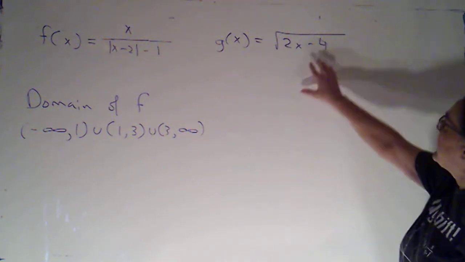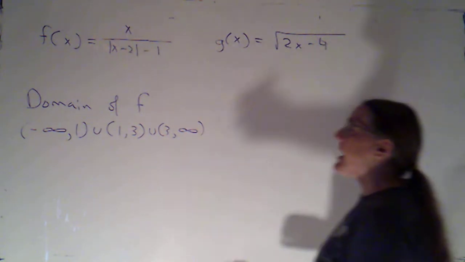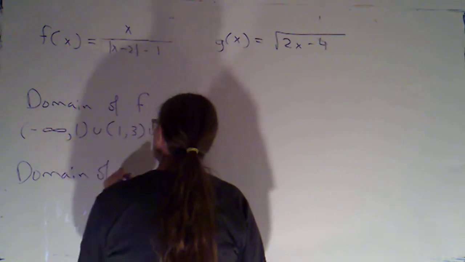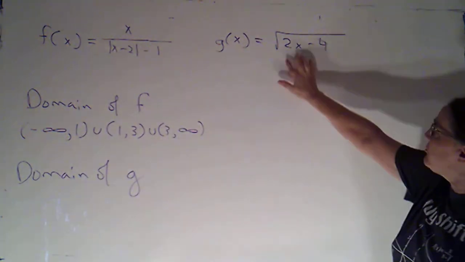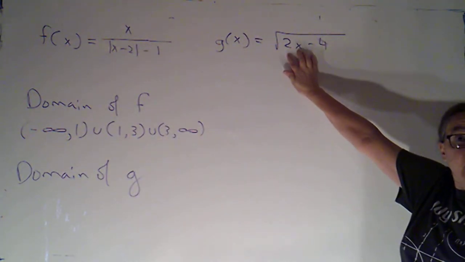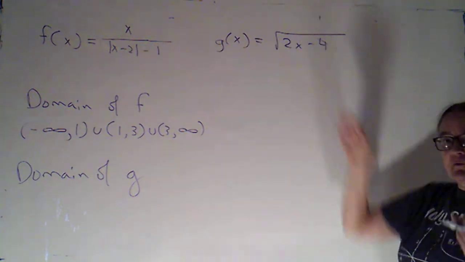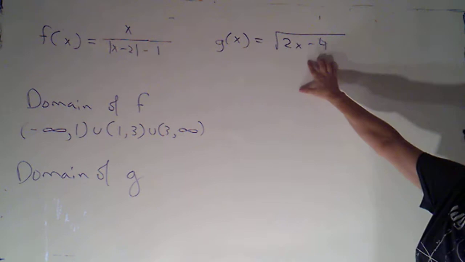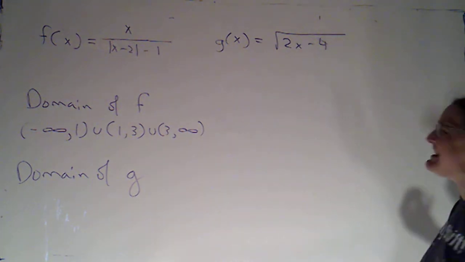All right. Now, if I look at the domain of g, g was an even root here. It's a square root. So I want to remember the rule there is that if I'm taking an even root, I can't do that if the quantity under the radical is negative.